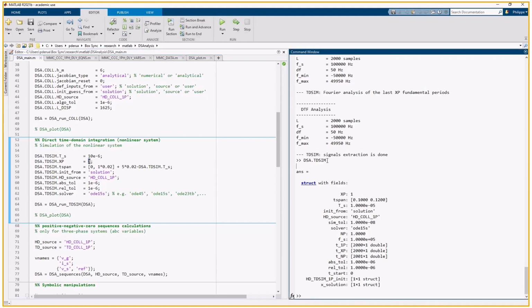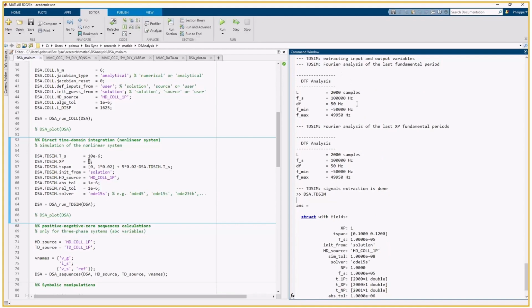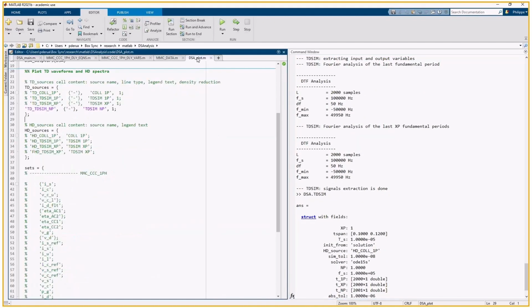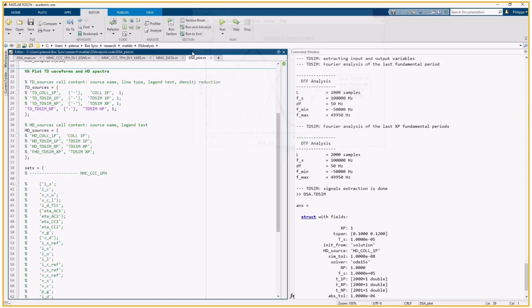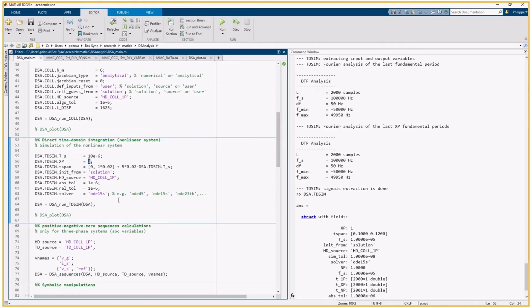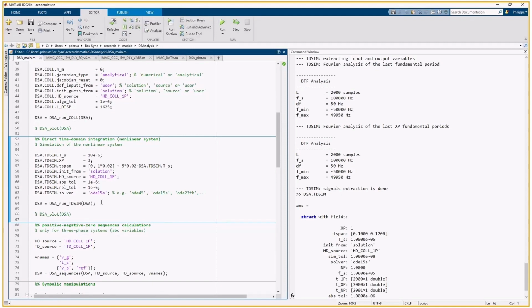Naturally, you could bypass that by improving the code. We can have a look at the results once more. Naturally, this time the complete time span starts from 0.1 second and covers 1 fundamental period. So this is, I think, everything that I had to say about time domain simulations of delayed systems.